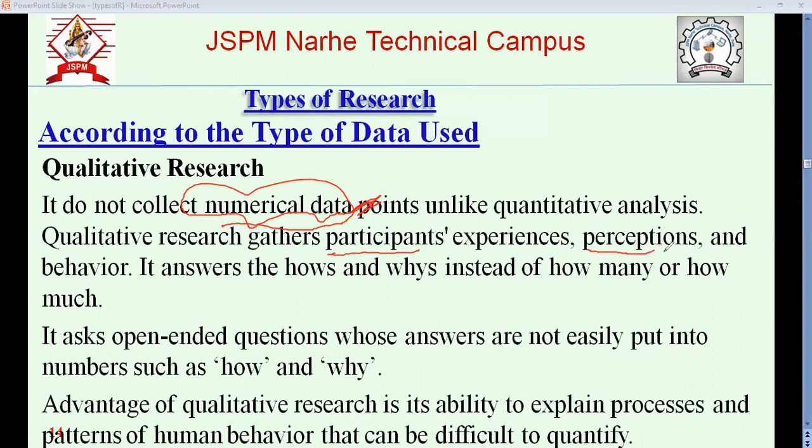Participants' or respondents' perception about a particular phenomenon. Then participants' behavior. I will take one example. Suppose during the exam period, students are not able to sleep properly. It is expected that students should have 8 hours of sound sleep per day.